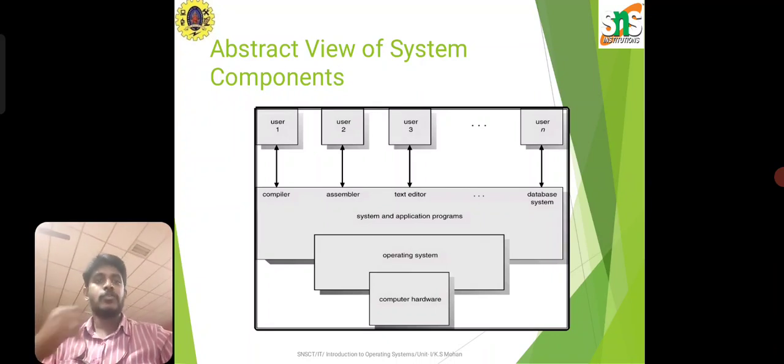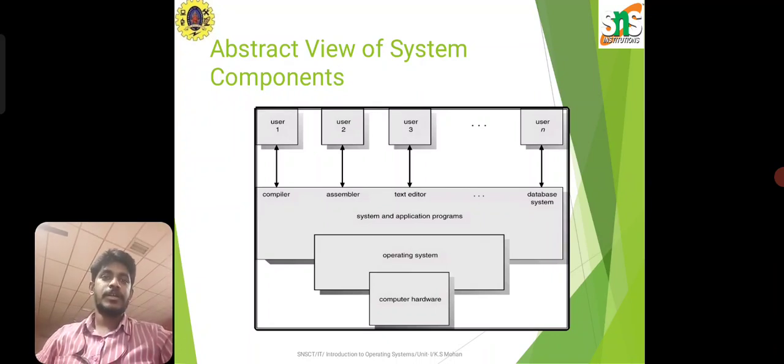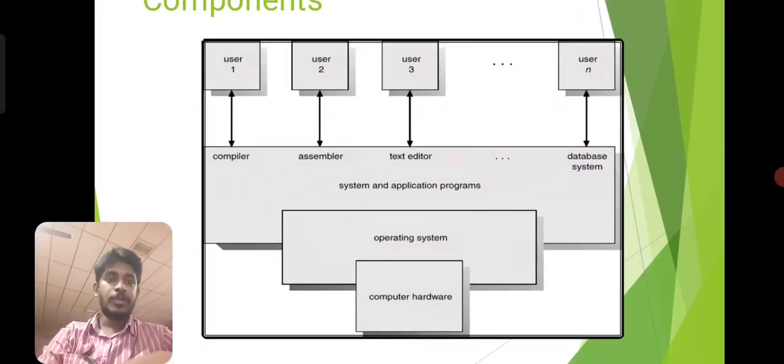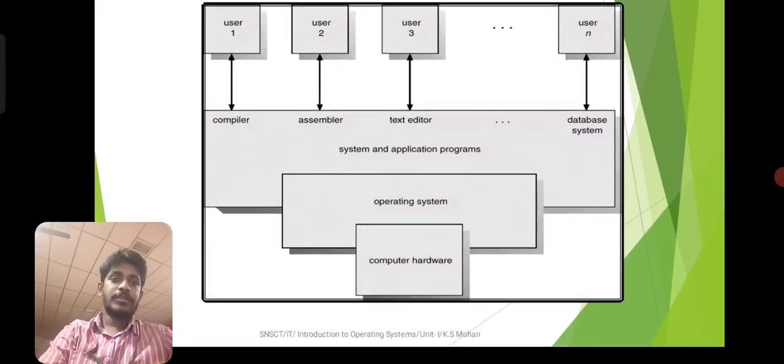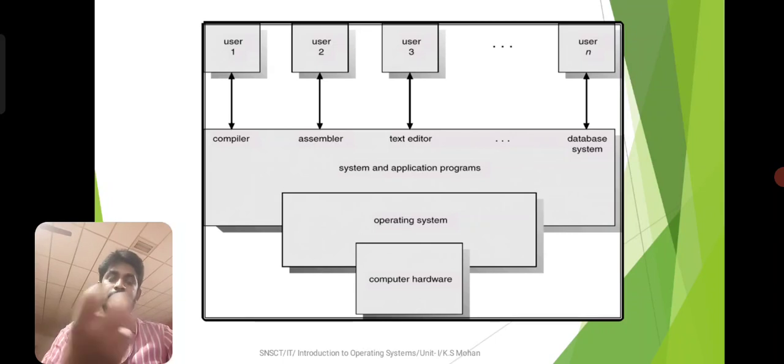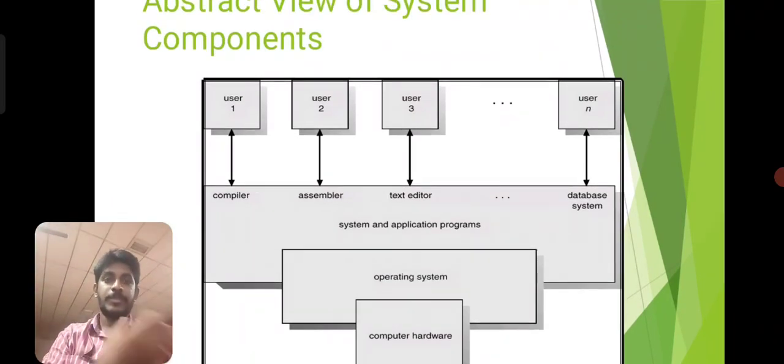Then we can look at the screen. We can see the abstract view of the system components. In general, we have the computer hardware, connected with the operating system, and also the system and application programs.